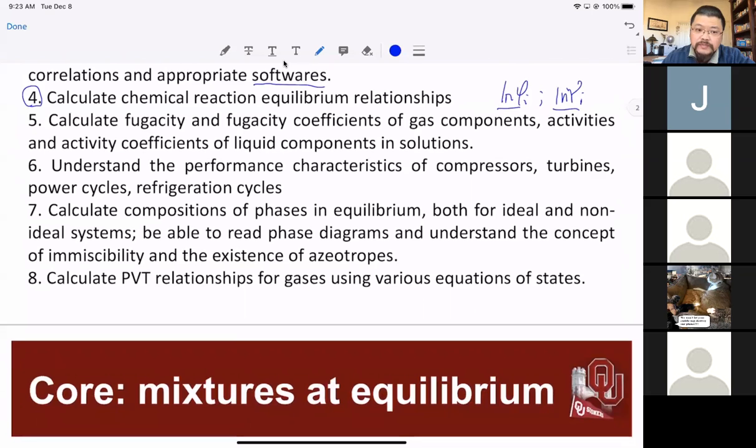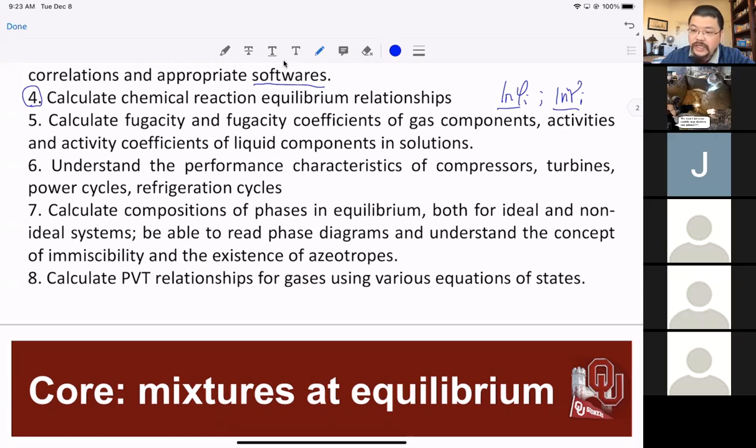Then the sixth item would be understand the performance characteristics of compressor, turbine, power, and refrigeration cycle. So that would be exam 3. We covered that. If you recall, we call this chapters 7 to 9, and we need to understand each of the units coming out of Carnot's cycle. What would be the use of each unit, whether we need to assume the isentropic process or not, right?